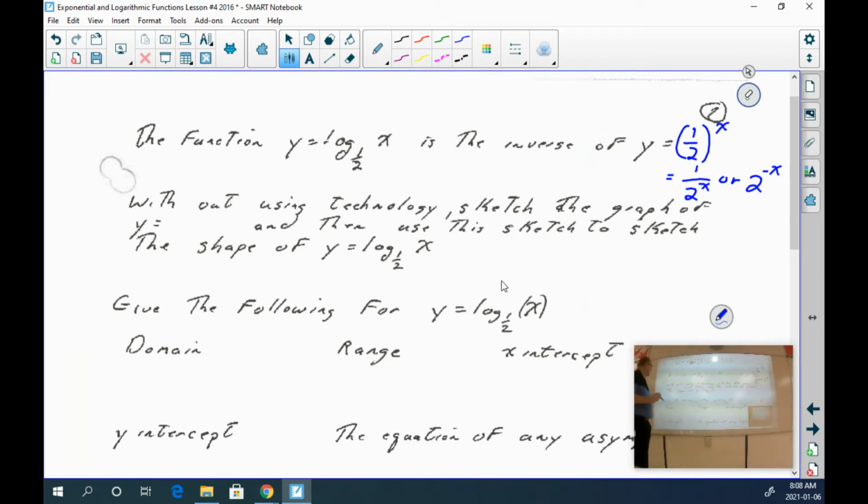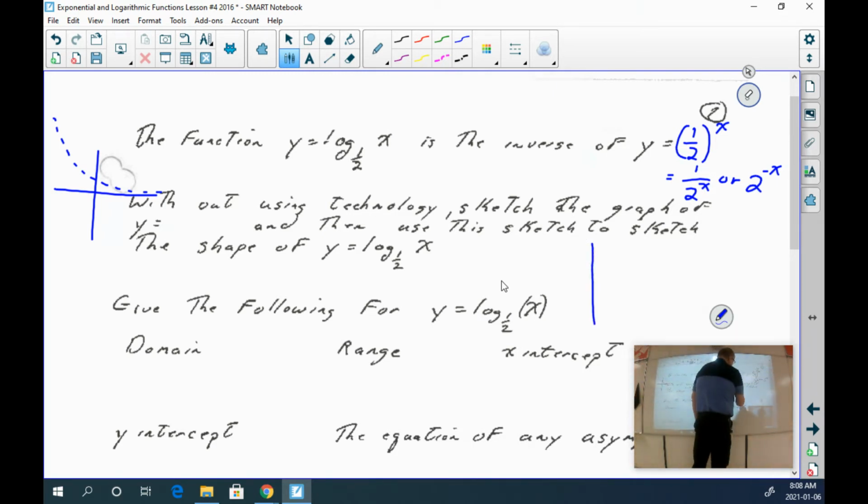Okay, I didn't give enough room here. If you sketch the exponential function y is equal to 1/2 to the x, you're going to get a graph that looks like that. You can check that on your calculator. If you take the inverse of that one, this is going to be flipped down into this quadrant, and this will be flipped up here.